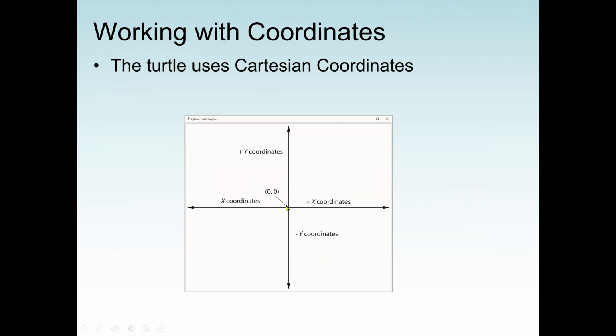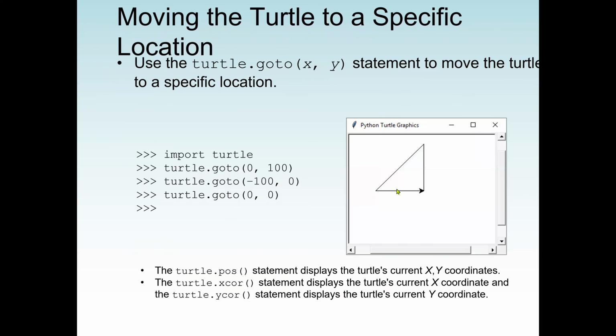So if the turtle is at negative 100, 0, it means we are in this quadrant here on the left side, which will be our second quadrant. Y is 0, it's positive, X is negative. So that's why we can see the diagram.